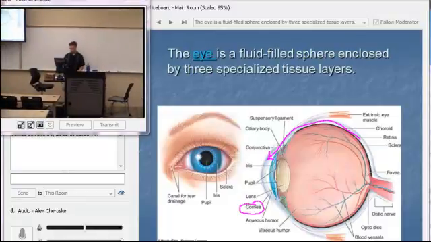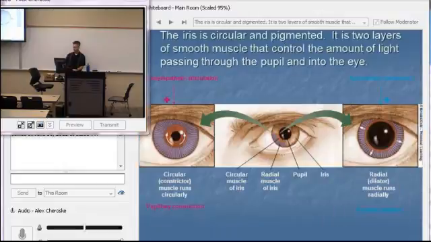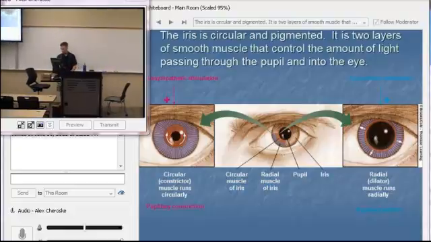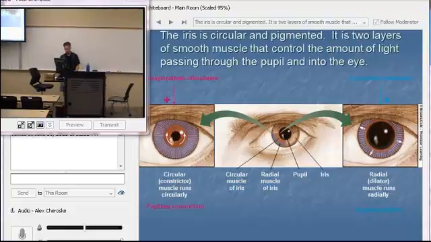Okay, so those are all the outer structures of the eye as an organ that's supposed to help us see. Now, if we look at some of those structures in terms of their role, we already talked about the cornea, which helps to bend light rays to get them into the eye. We talked about the pupil, which is really just a hole in the middle of the iris, which controls the amount of light that goes into the eye.